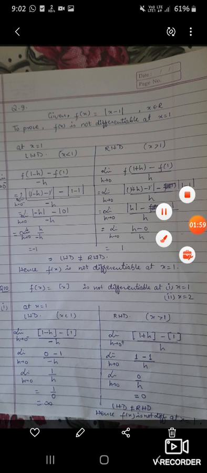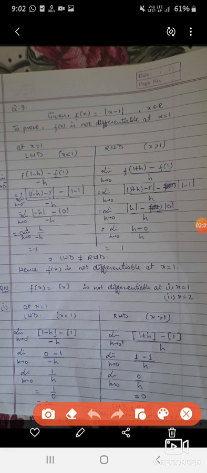After that, how to put the value of this function? See this, f(1 minus h) value we will find from this function. See this function once. f(x) is modulus of x minus 1. So at the place of x there is 1 minus h. We will put here x value 1 minus h.